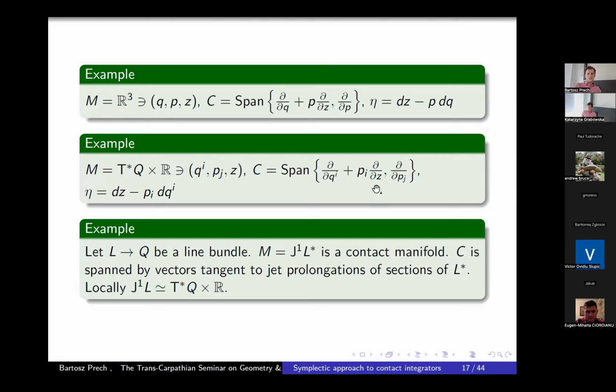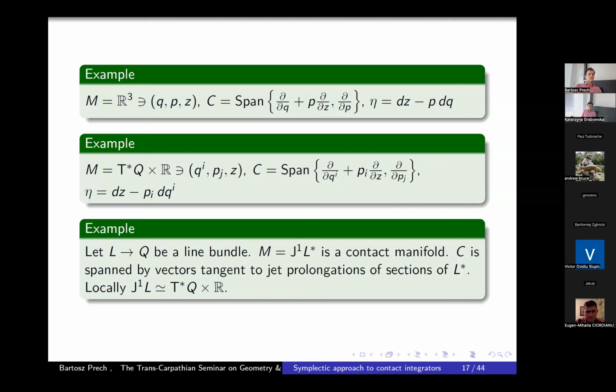And again, the distribution is very similar; you just have to add indices in it. Let us note that the distribution spanned by vectors tangent to the jet prolongation is generally called the Cartan distribution in a jet bundle. So this is a particular example of the Cartan distribution.